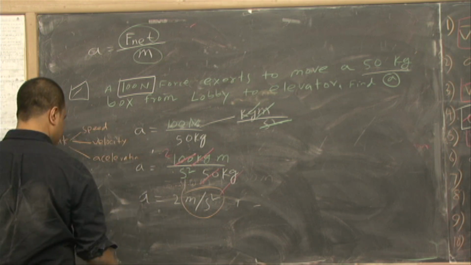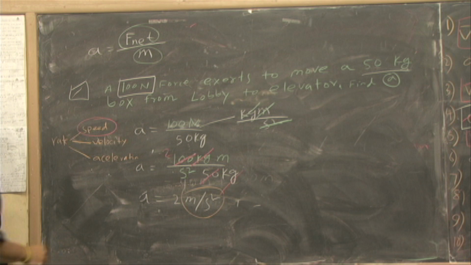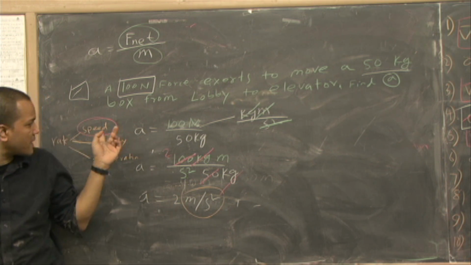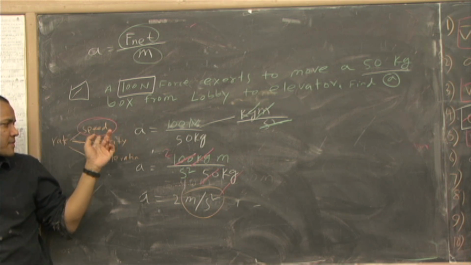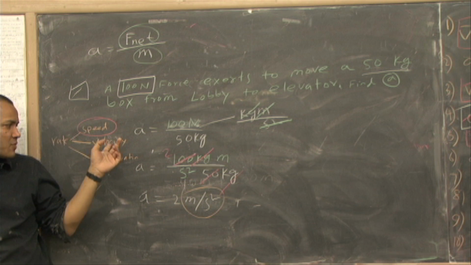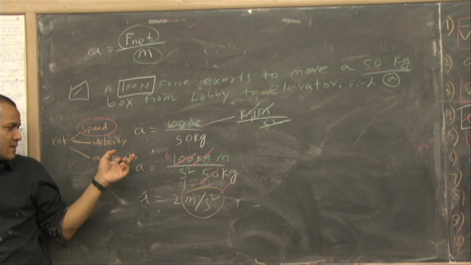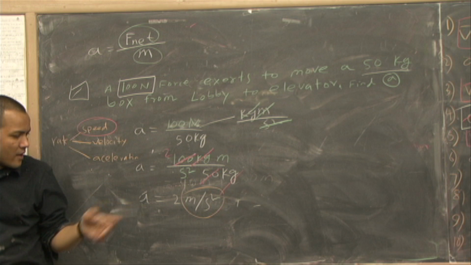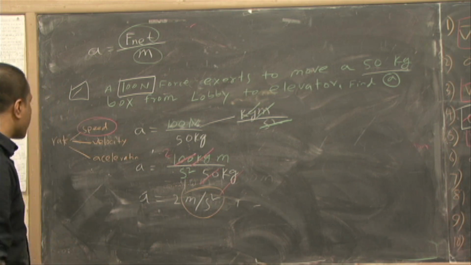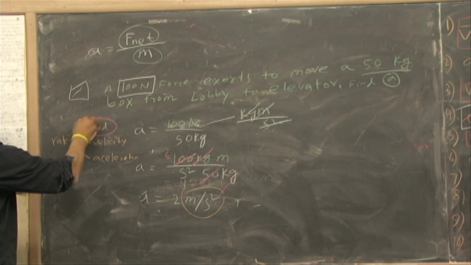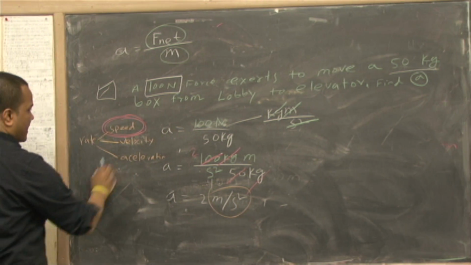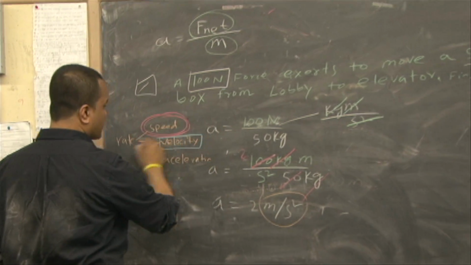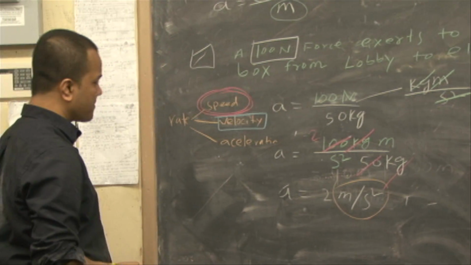Okay, this is a good time to talk about scalar and vector quantities. So you see, speed is a scalar quantity. Velocity is a vector quantity, and acceleration is also a vector quantity. Why is that? Because speed only cares about how fast something moves, but velocity cares not only about how far something has moved, but also the direction.